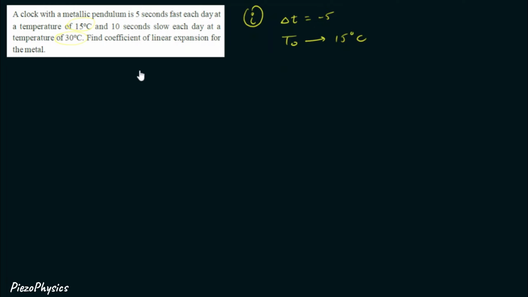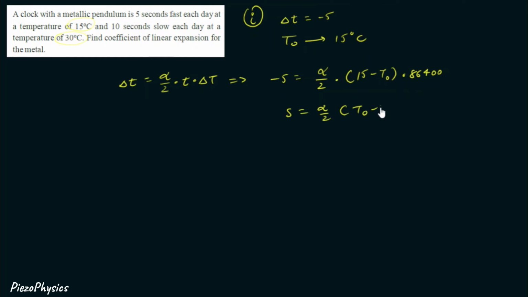So we had one formula, delta t equals alpha by 2 into T into delta capital T. So we will have here minus 5 equals alpha by 2 into delta T. So final temperature minus initial temperature, that will be 15 minus T naught, into small t. That means here we have to take 5 seconds fast each day, so time will be for the day, that is 86400 seconds. So we can write 5 equals alpha by 2 into T naught minus 15 into 86400.